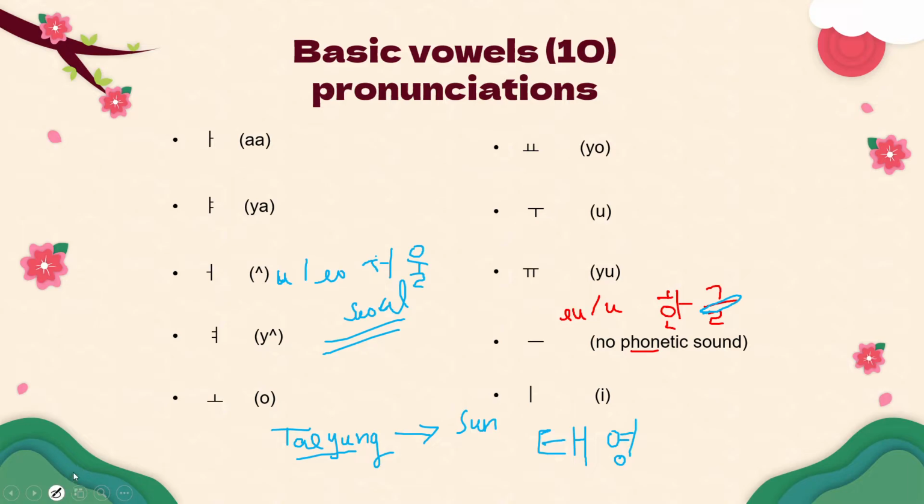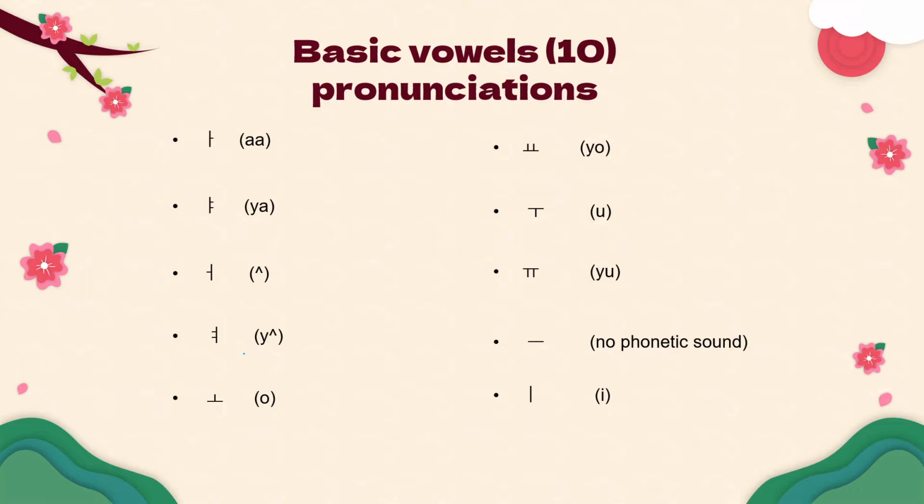So you don't have to depend on the romanization. I'm telling you the pronunciation of each and every one: o, yo, u, yu, e. Okay, let's repeat in the chant. Aya, oyo, uyu, ear, e. Did I miss anyone? I think I missed O. Okay.